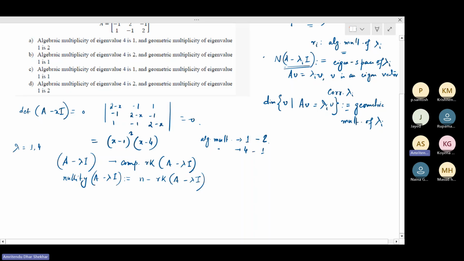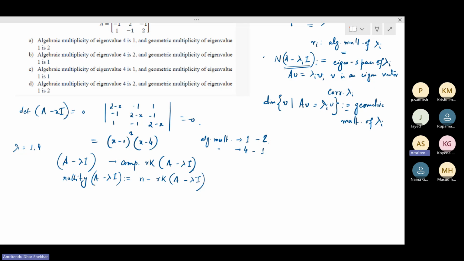Now, of course, you know how to compute the rank of matrices. We have done this in the previous exercises where, given a matrix, we have tried to reduce it to a row echelon form, and then once you have it in one of these echelon forms, you can read off the number of zero columns.